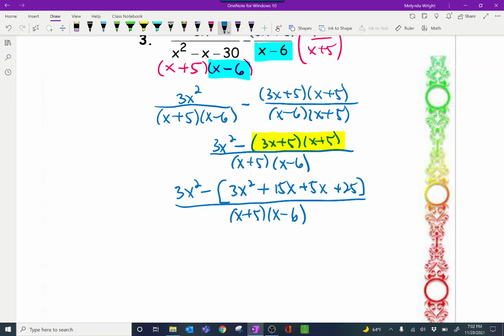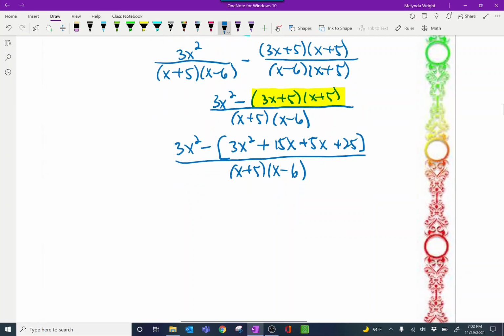Okay, so now it's a matter of combining like terms. So we've got 3x squared minus 3x squared. Oh, that goes away. That's kind of nice. So the 3x squared minus the 3x squared are gone. And then we have minus 15x. We're basically having to, hopefully, I'm sure we remember, distribute this negative to all of the terms.